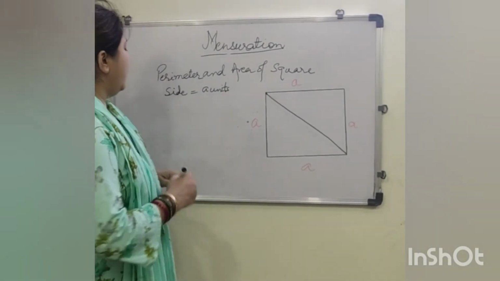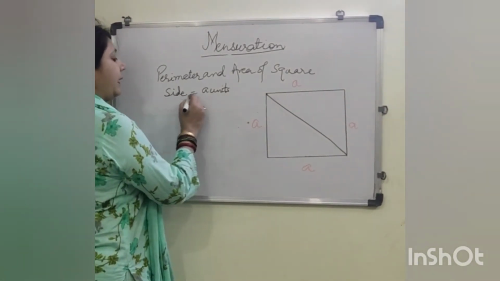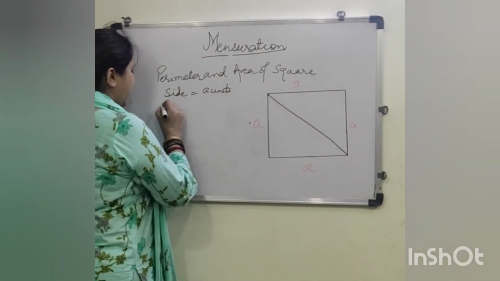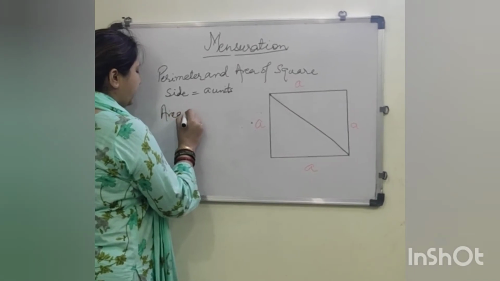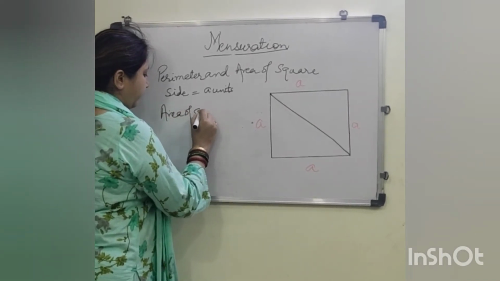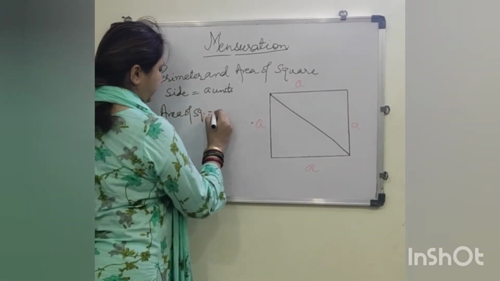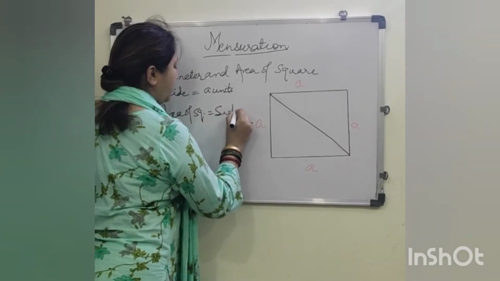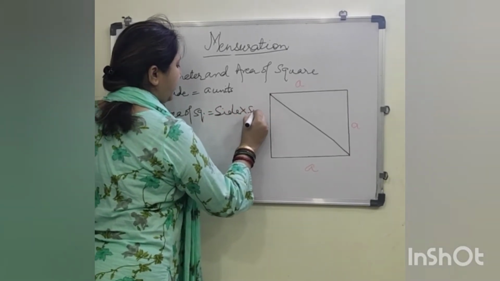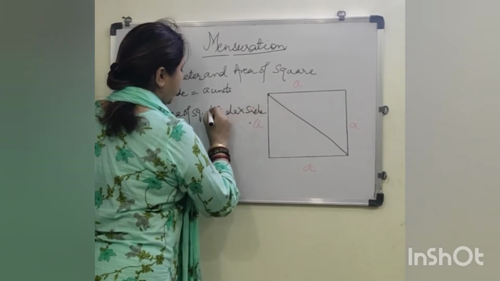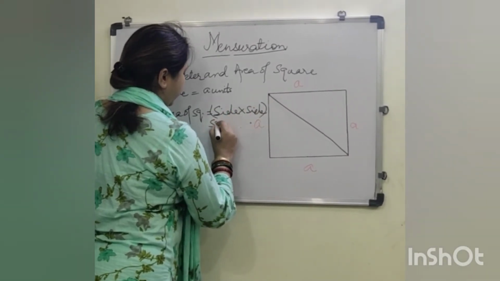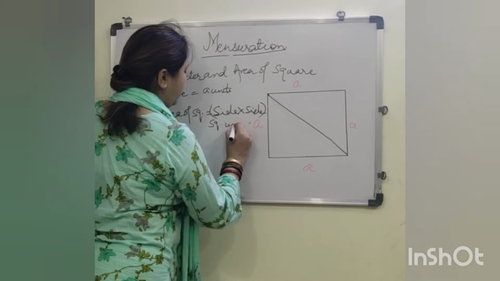Now next thing is area of a square. Side is same, a unit. Area of a square is equal to side into side. That means square units. What we have is square units.